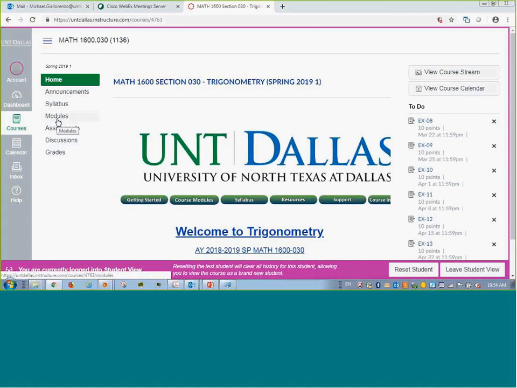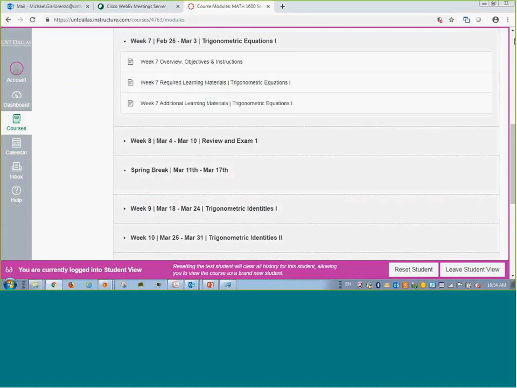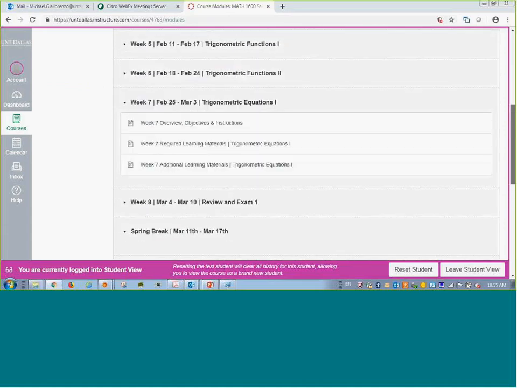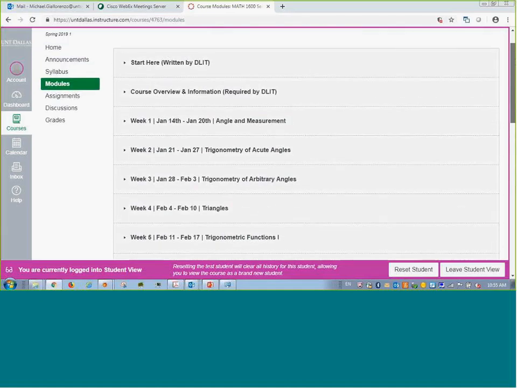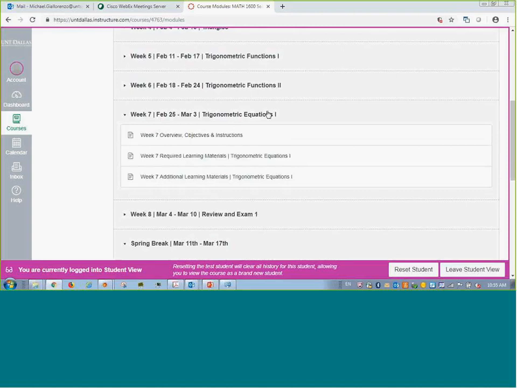And then if you go over to the modules here, I just follow the recommended, as a matter of fact, required setting by our DLIT office, and then we have all these recon modules. If you just go to one module here, as required by our DLIT office, I have something called required learning materials and additional learning materials.